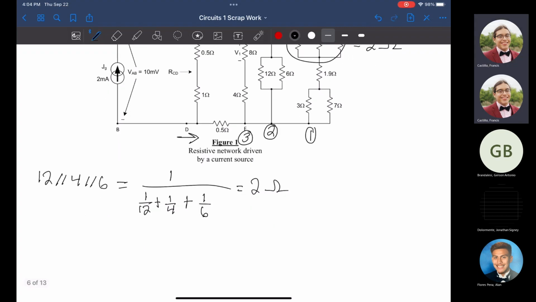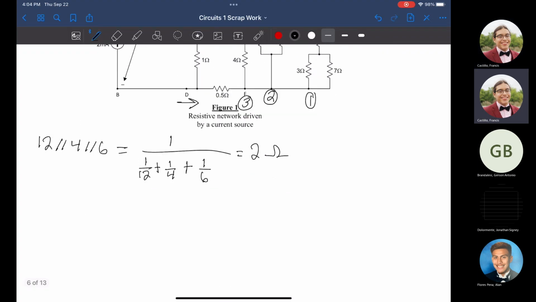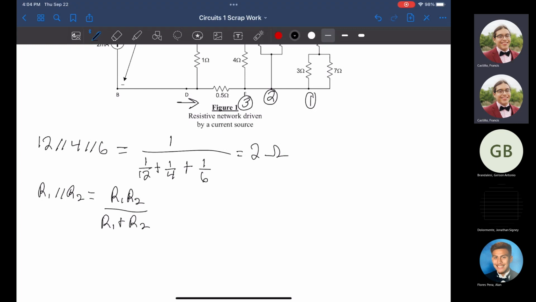The other method I was referring to, which should get you the same value, is essentially whenever you have two resistors in parallel, say R1, R2, the equivalent is the product in the numerator over the sum of these resistor values. The reason why I don't really like it for 3 or more resistors in parallel is because you have to do it twice.